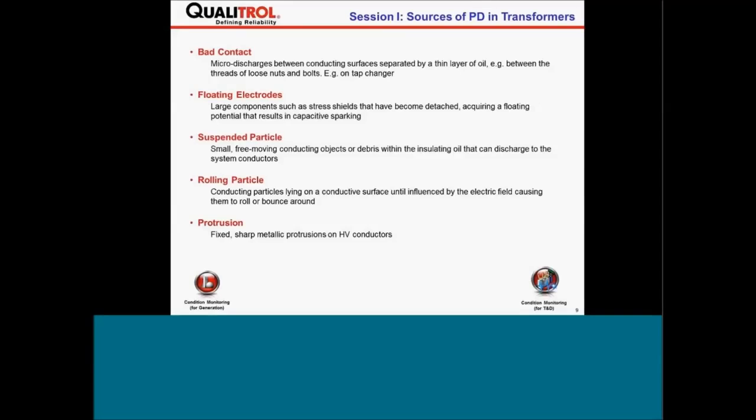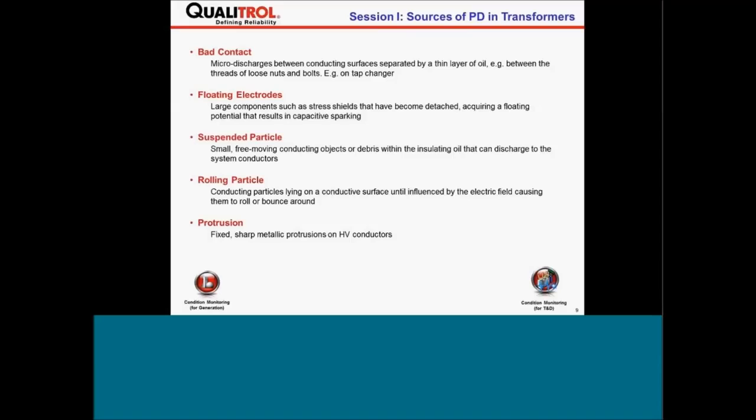Suspended particles in oil can also discharge if they go close to high voltage conductors. And rolling particles, maybe too heavy to be within the oil, but in the bottom of the tank or on the surface of the core or winding, can also cause discharge.